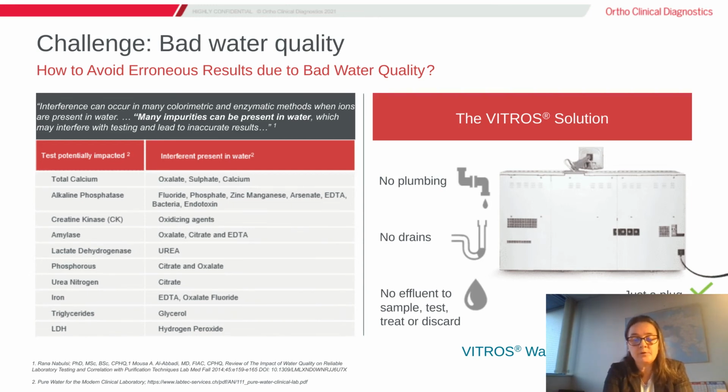So again, electrolytes, but also amylase, lactate dehydrogenase, as well as phosphorus, and so on. So the solution resides simply in a completely waterless technology. So there is no connection to any water drain, plus there is no need for use of water at all.